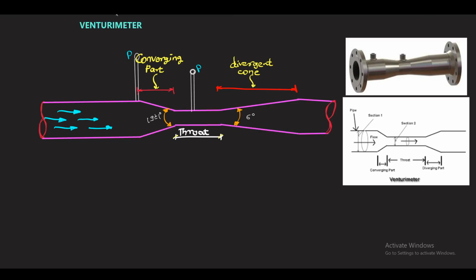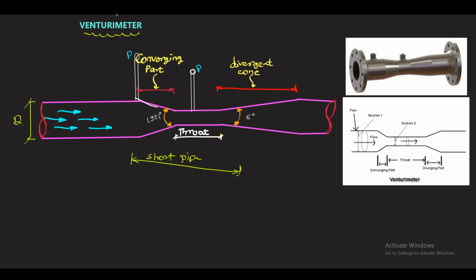As I said, the first application that we are going to see is the Venturi meter. So consider this is a pipe flow. This is the pipe, and D is the diameter of that pipe. Now the Venturi meter is actually a small, short pipe, consisting of one convergent cone.